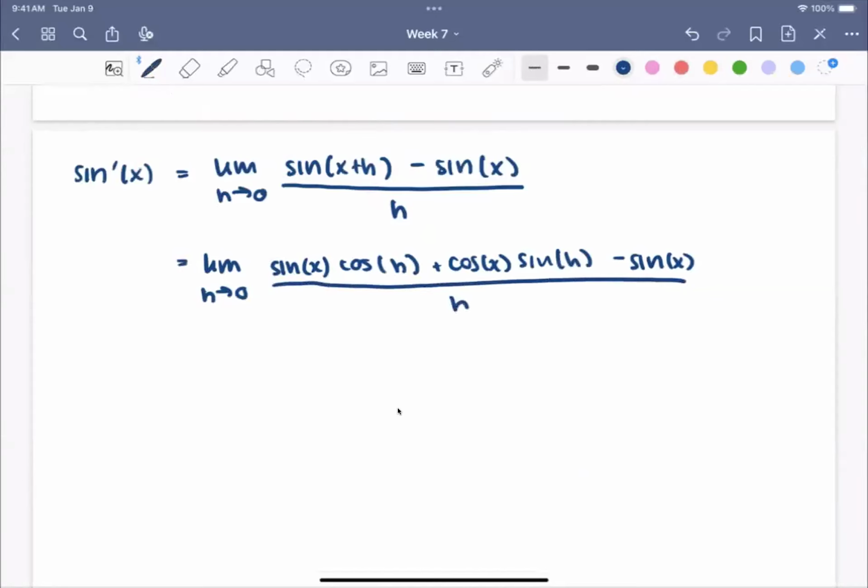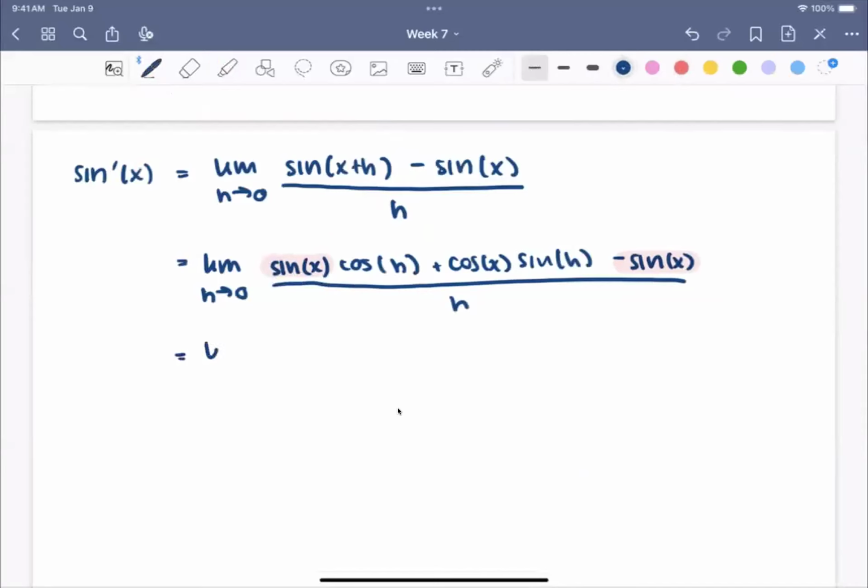Okay, so the next step is that I'm going to collect together the terms that have a multiple of sine x. So that would be this term and this term. The middle term does not have a copy of sine x in it. I'm just going to break this up a little bit.